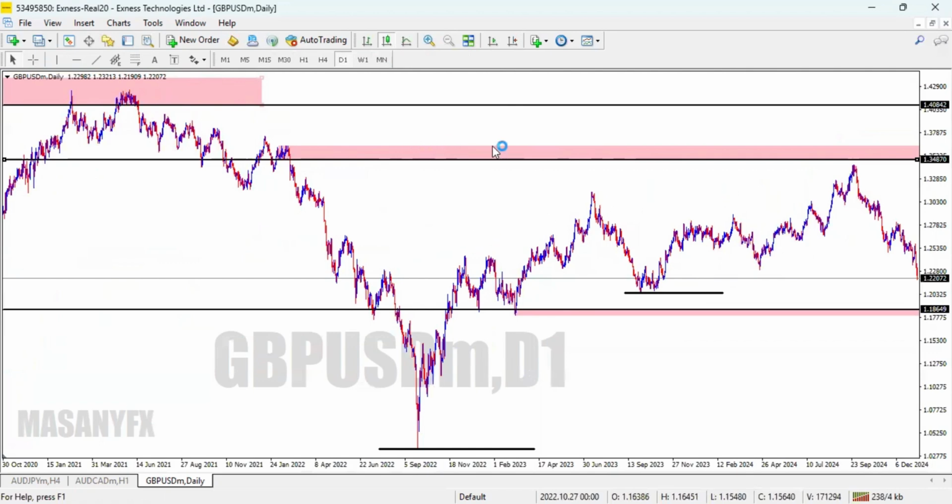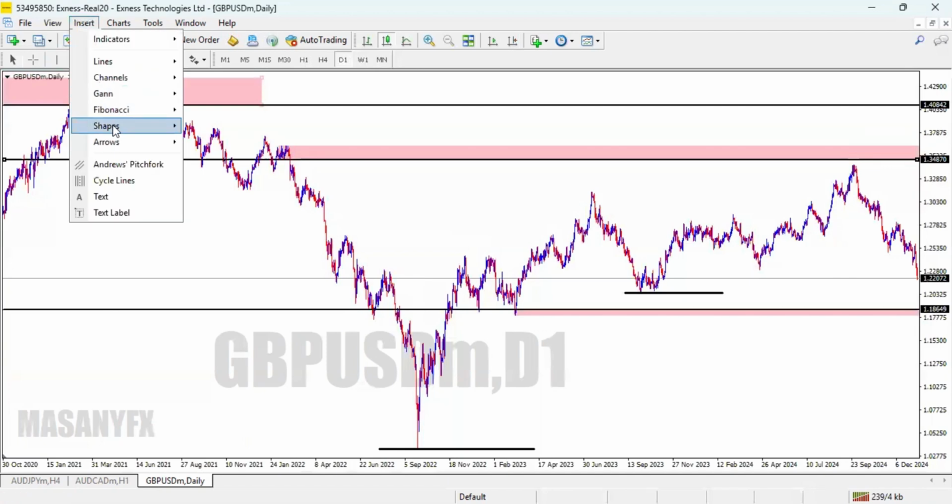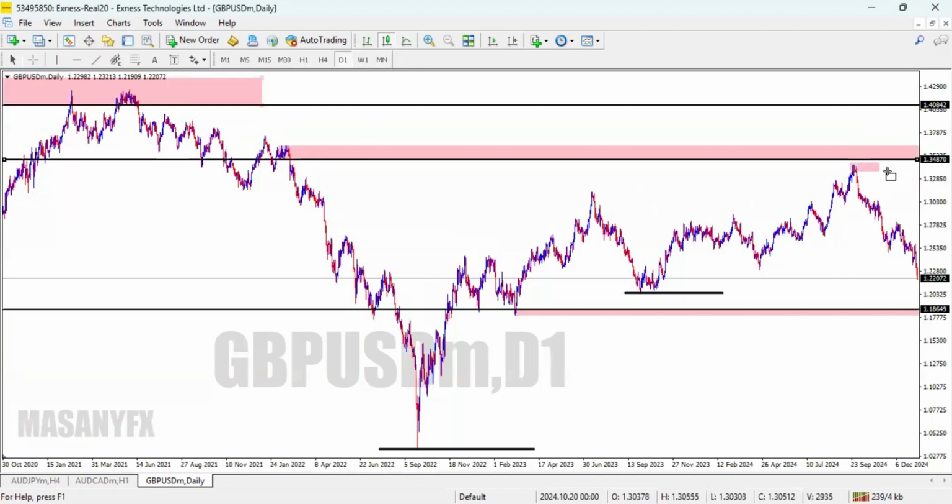And this fresh supply zone makes this supply zone a trap, because most traders, especially beginners, are going to sell here.